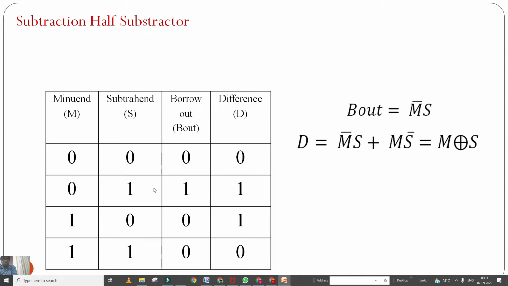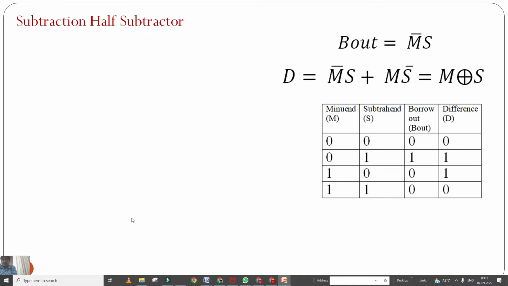The inputs 0 0, 0 1, 1 0, 1 1 give a similar output to the XOR gate. So the difference is expressed as m bar s plus m s bar. So it is an XOR gate.